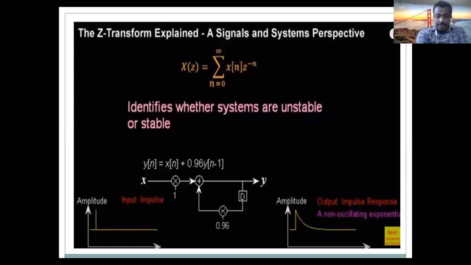First part, as I said, we can determine whether a system is stable or unstable from Z transform. But the most important thing, when you transform a signal x of n into X of z using this simple unilateral Z transform formula, it is used to identify the presence of increasing and decreasing oscillations in your signal.